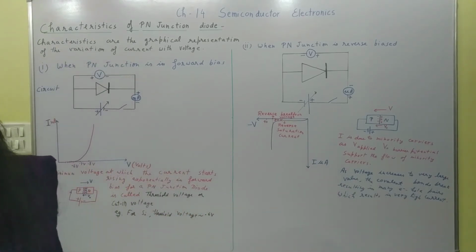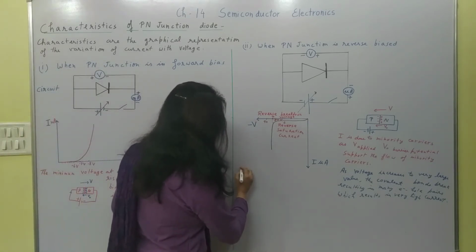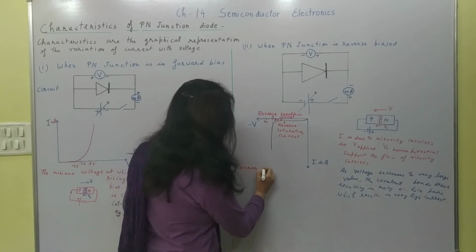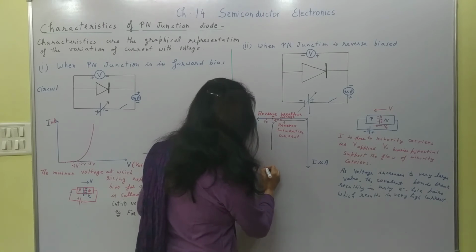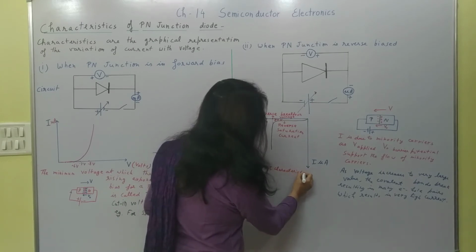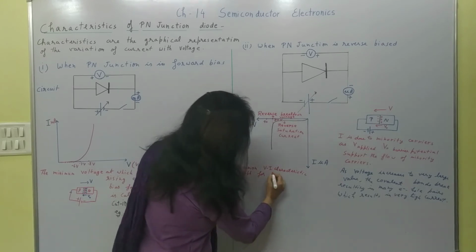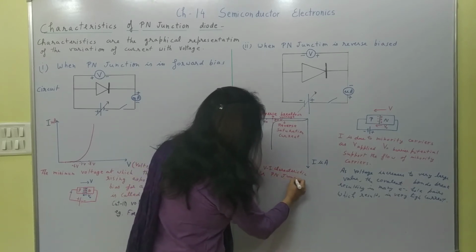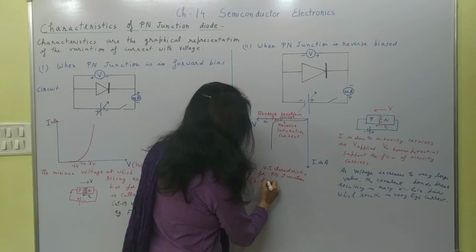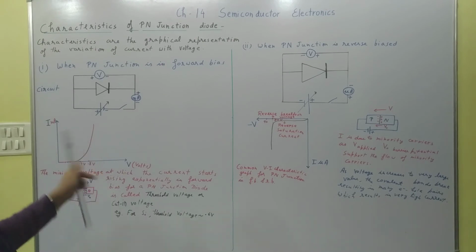A common characteristic which shows forward bias and reverse bias. So that I am drawing here, I am just combining these two.